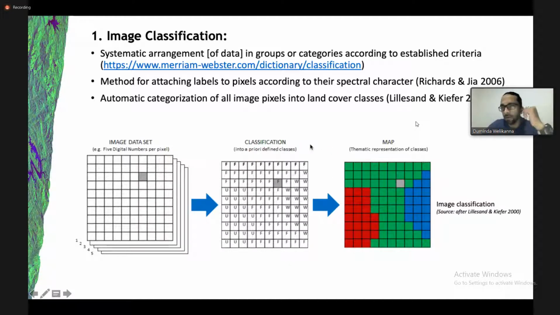The first thing I want to talk about, classification. Classification, the term means classifying an image for information. You have an image, you have bands, that is the satellite image, may be stored in BIL, BIP or BSQ formats. You can convert it into TIFF, GeoTIFF, JPEG, the other imaging formats.